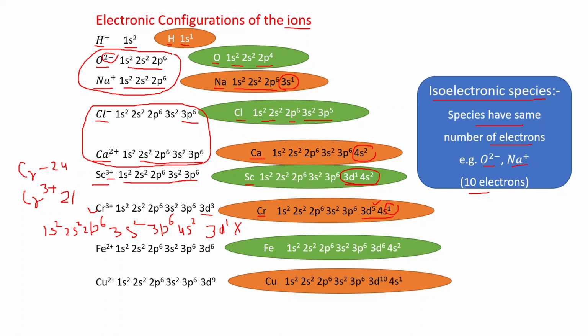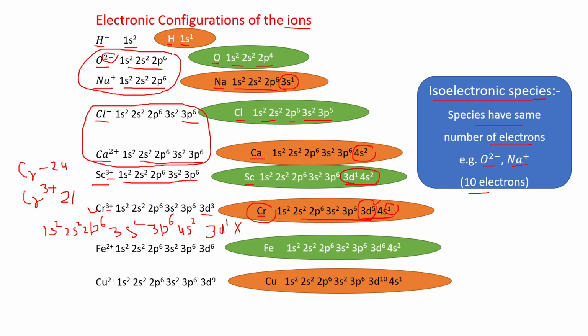When you write the electronic configuration of ions, first write the electronic configuration of the neutral atom like this, as per the rules. If an exception is there, follow that one. Then whatever the positive charge present on that ion, start removing electrons from the outermost shell. As we know, when you write the electronic configuration, the last electron enters in 3d.